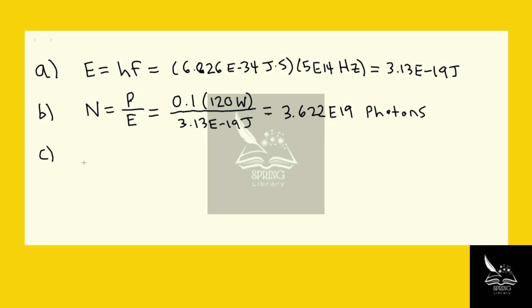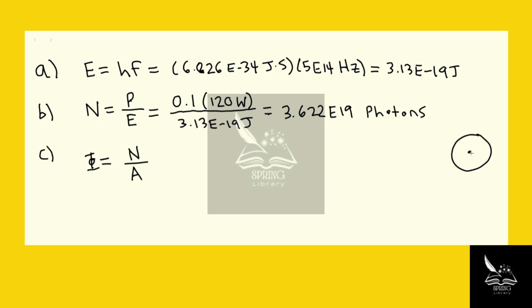Now we're given a flux that's known, and we can relate that to the total number being emitted per second divided by the area of some characteristic sphere.